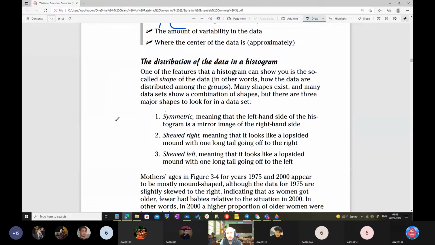Symmetrical, right? Symmetrical, bell shape, looks very nice. Skewed to the right, skewed to the left, right? So with babies, this is normal. They have babies when they are not old, not young, but here older, right?